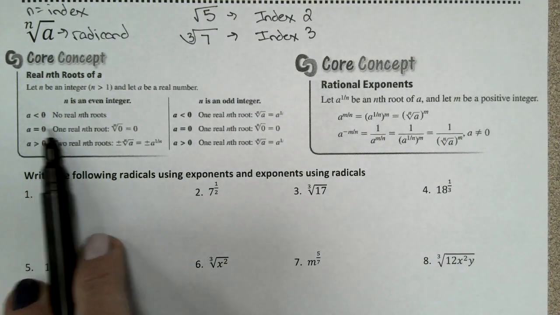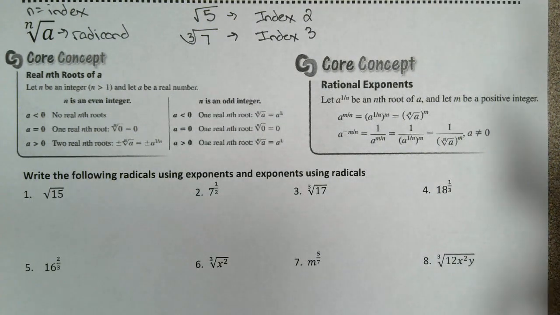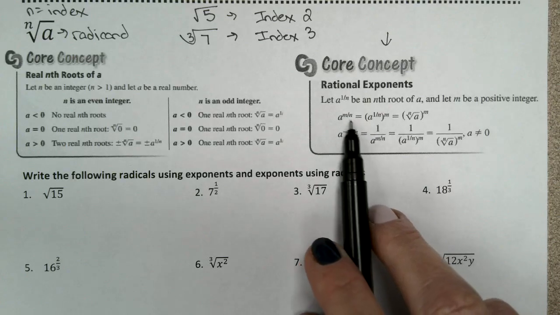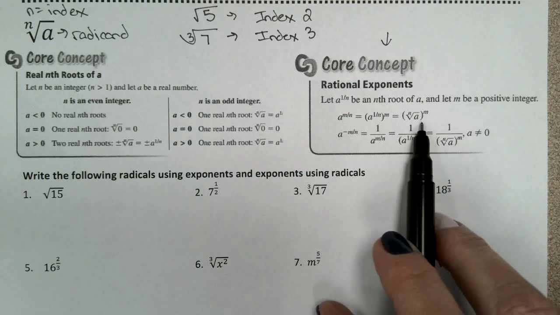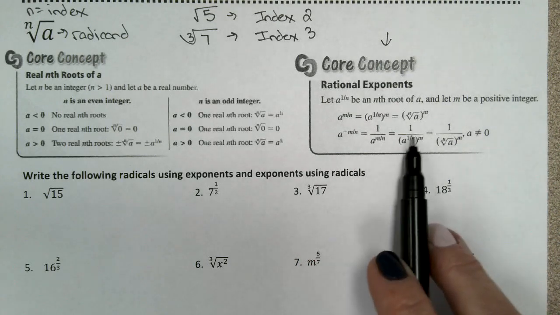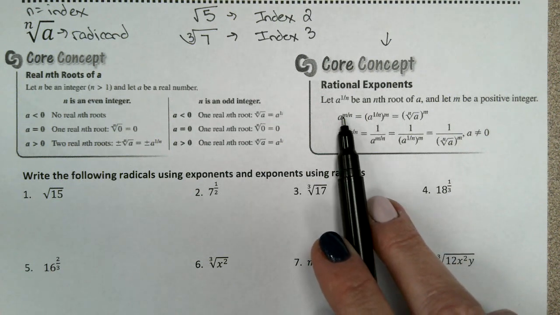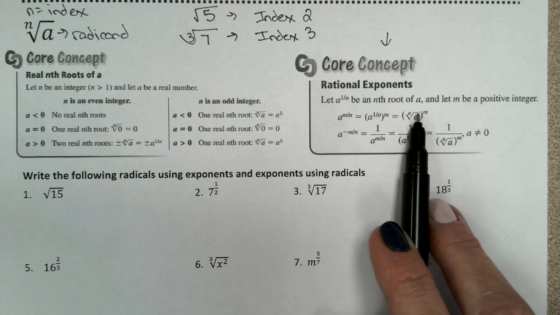All right, so we have some information here, but we're going to focus probably on this section of it today. We can move back and forth between exponential form and radical form.